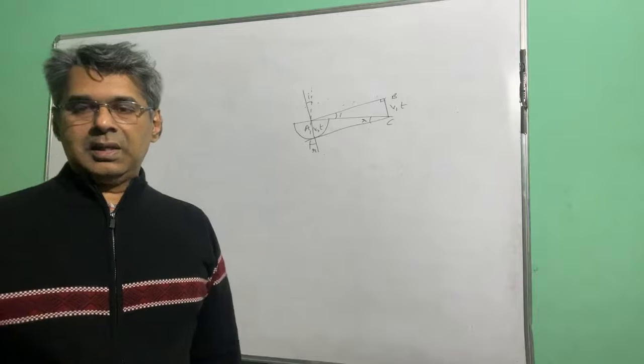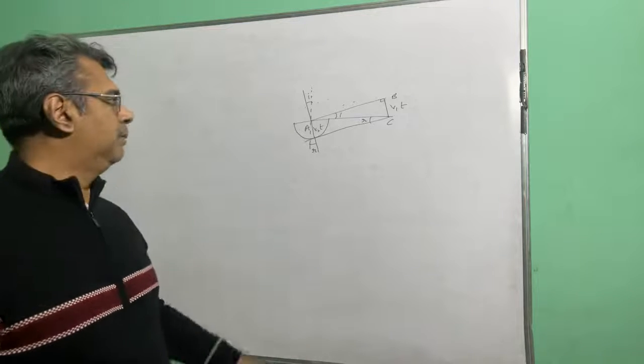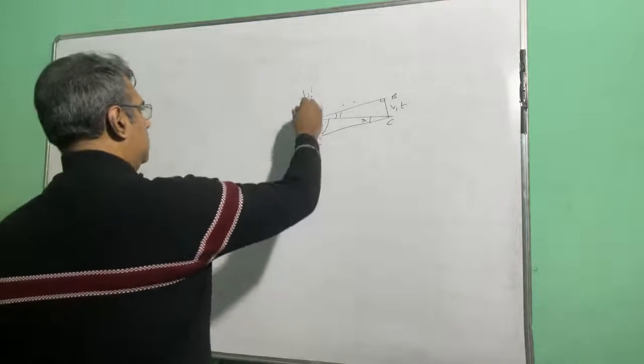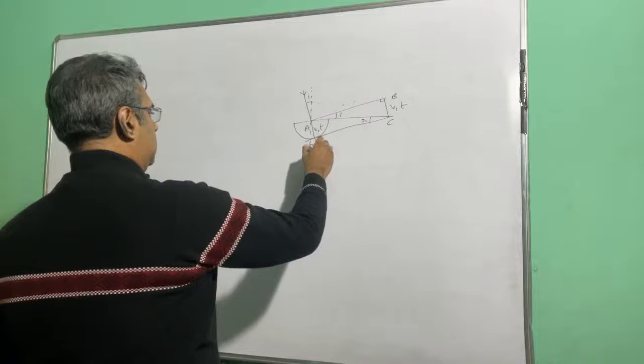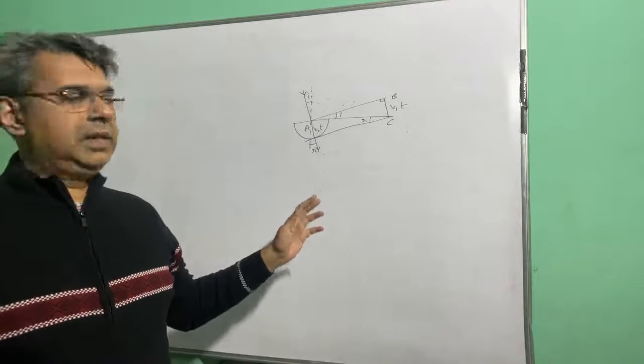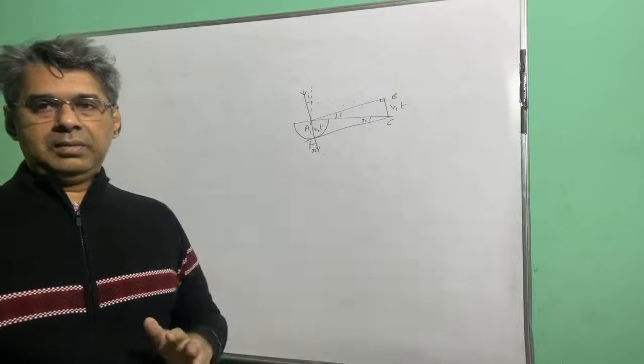Then you know the concept that propagation is perpendicular to the wavelet or the wavefront. So this is the incident ray, this is the refracted ray. This is obviously hand drawn, so not a very accurate diagram. Usually the refracted ray will either bend towards the normal or away from the normal.